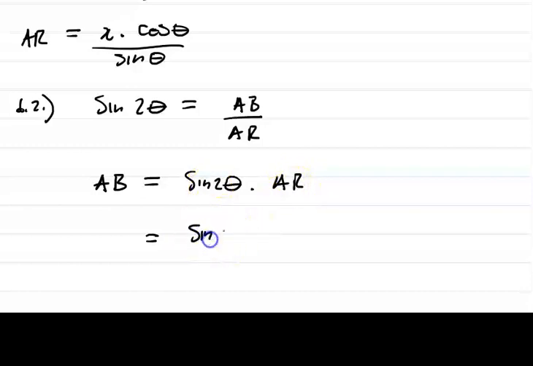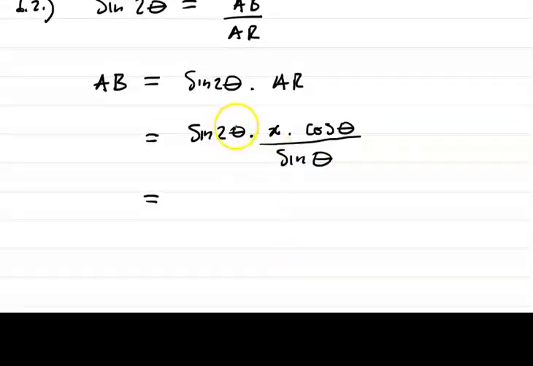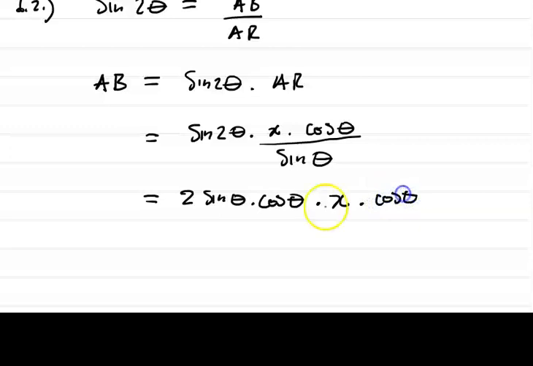So that'll be sine 2 theta times, remember now AR is x times cos theta all over sine theta, which is equal to, now what do you know about sine 2 theta? That's a double angle. So we're going to write down 2 sine theta times cos theta, times x times cos theta. So that's going to be all over sine theta.